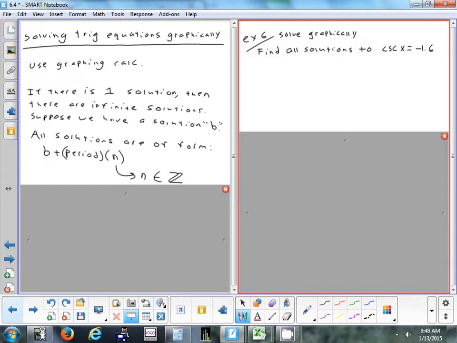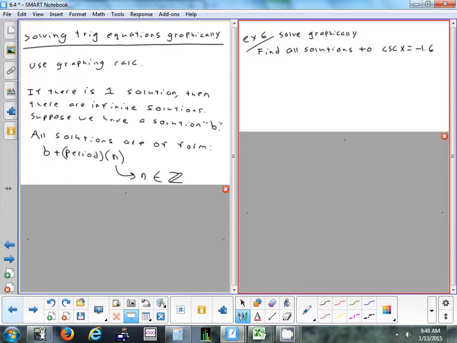Okay, could there ever be more than two? Well, generally, I don't think so. Think of a horizontal line and all the trig functions we've studied. Could it ever hit that graph more than twice in a period? Definitely not for sine or cosine.